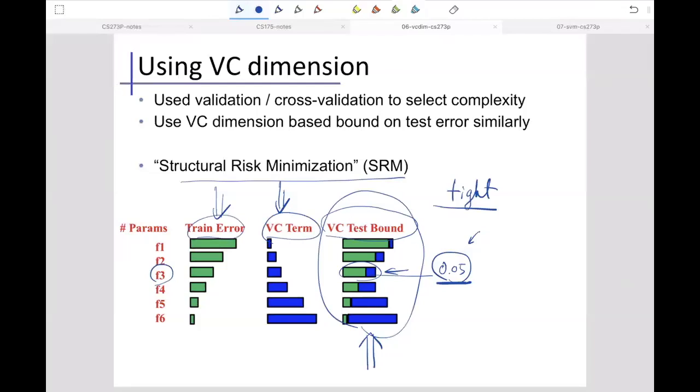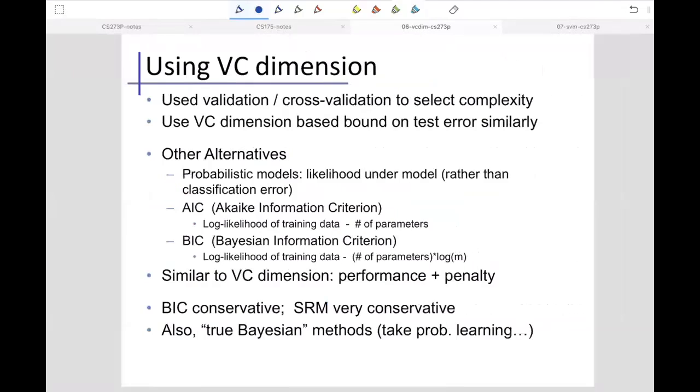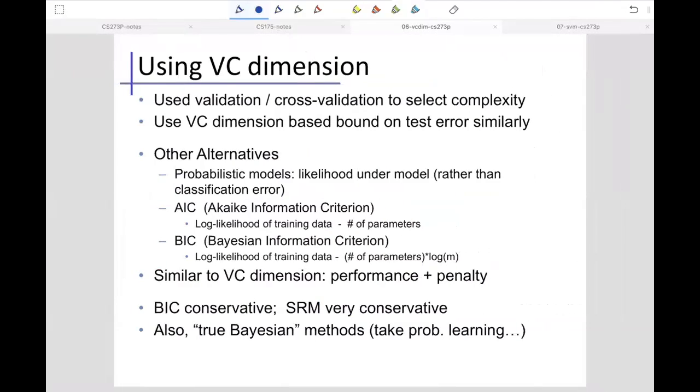It means that when you minimize, not only do you minimize your training error, but you also regularize the model through this additional VC term. However, there are other alternatives for using VC dimension to select complexity based on the bound test error estimate. I should mention that choosing VC dimension this way is not very frequently used.